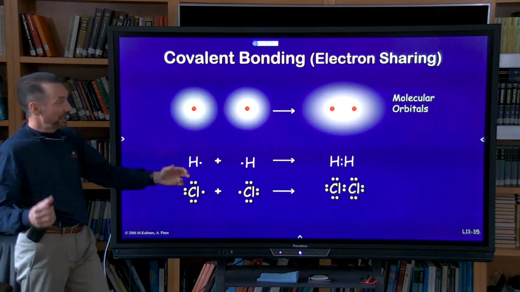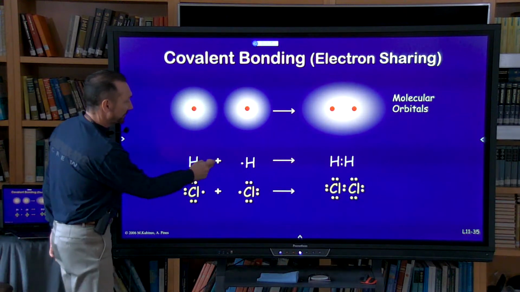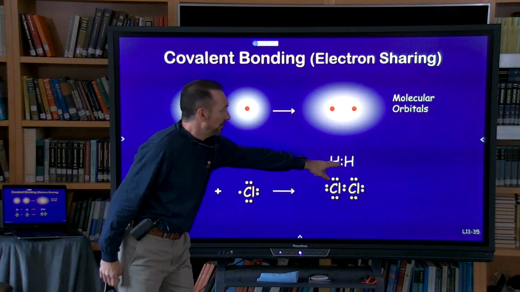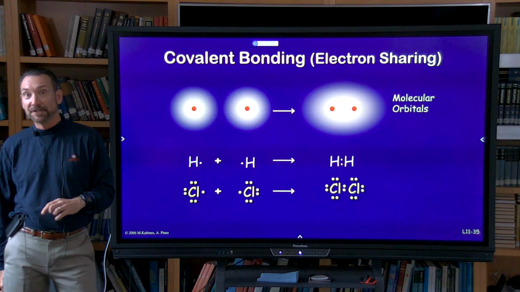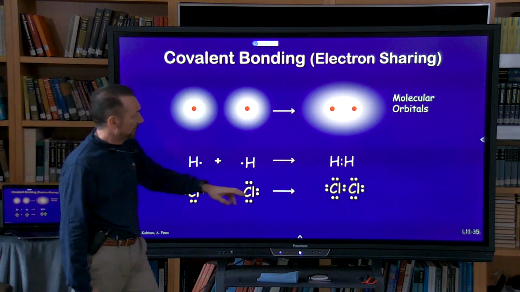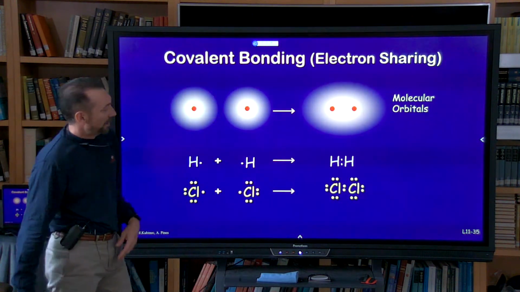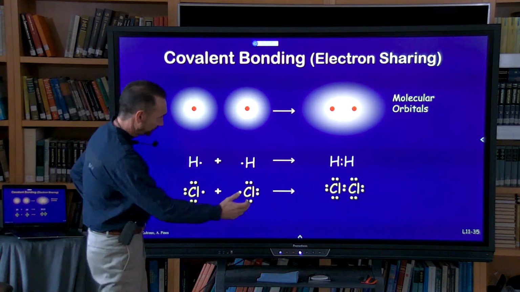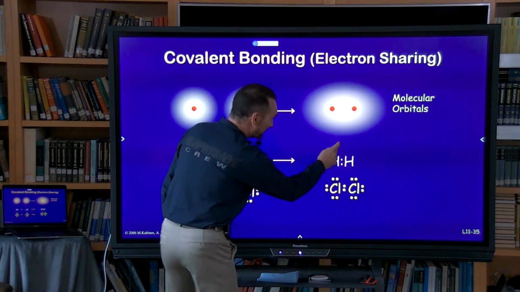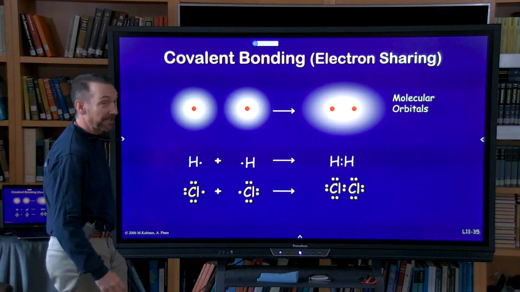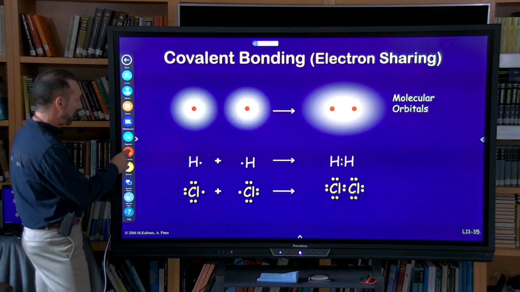It's a shared interaction. So this electron and this electron come together to fill either the octet or the duet. We start calling these bonds now. So pairs of electrons become bonds.